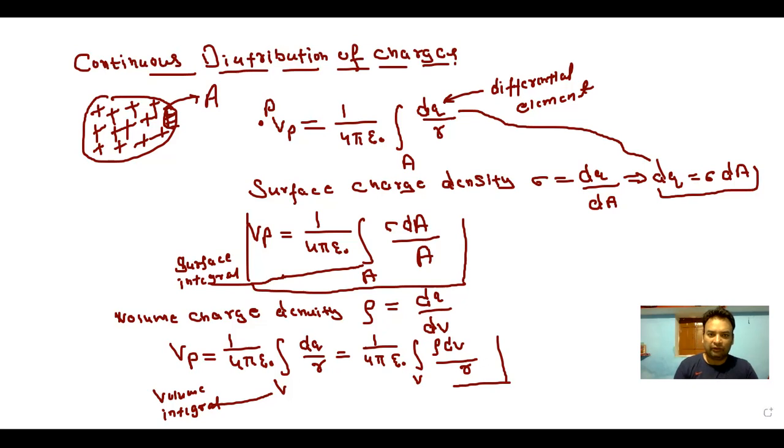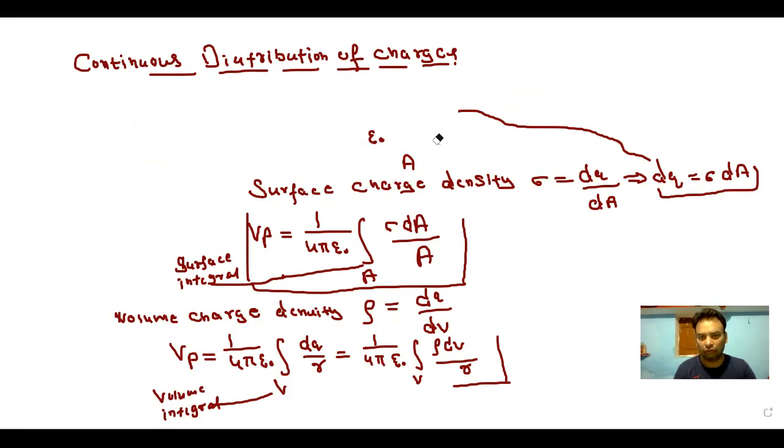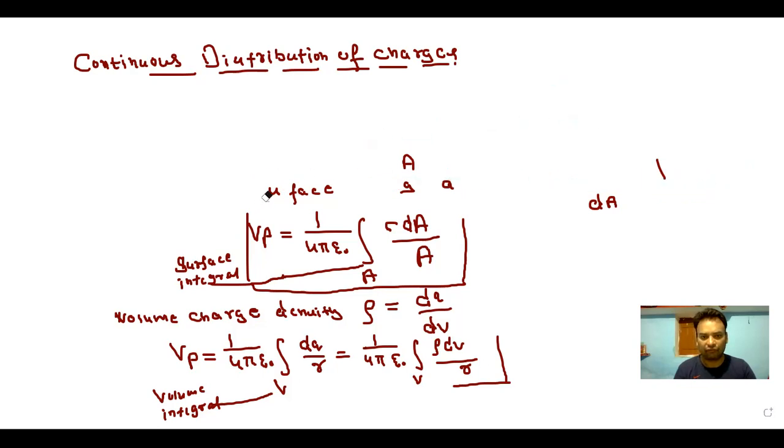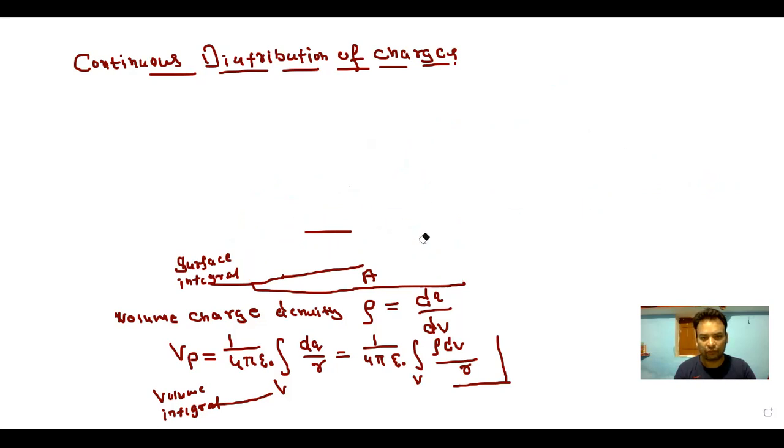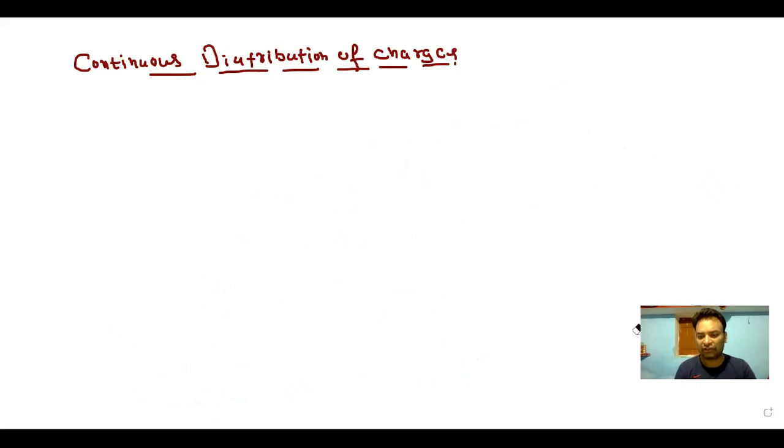So sometimes charges may be distributed, and they are not all the time positive charges. If we have a combination of positive and negative charges, what to do in that situation? Let me take a case of discrete distribution of charges, both positive and negative. How do we find the overall potential at some point P due to that discrete distribution? That is also very easy.